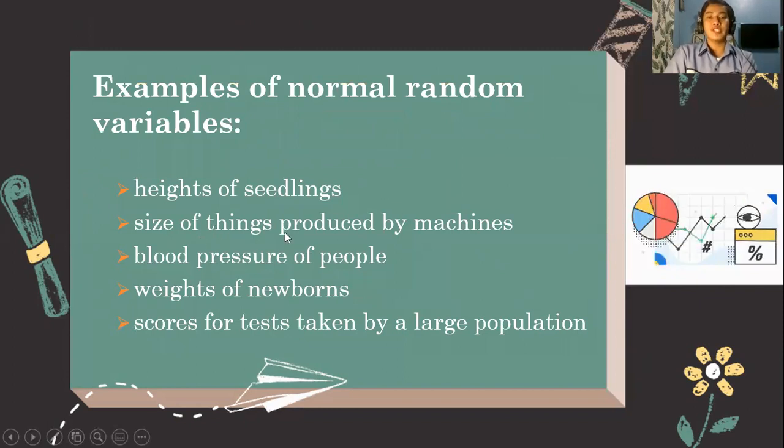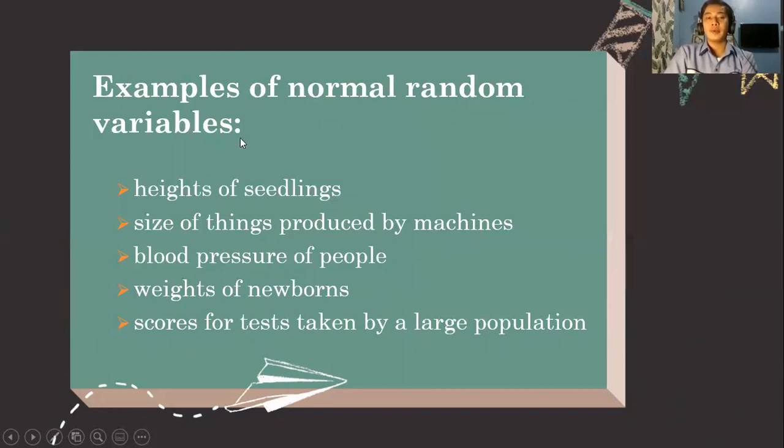Other examples are the size of things produced by machines and the blood pressure of people. Many people are average in terms of blood pressure, and only few people experience high blood pressure and only few experience low blood pressure. Also the weight of newborns and the scores for tests taken by a large population.